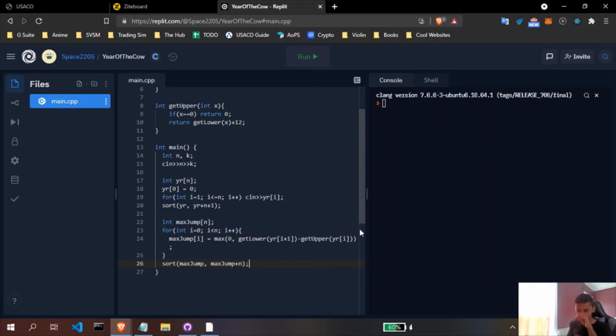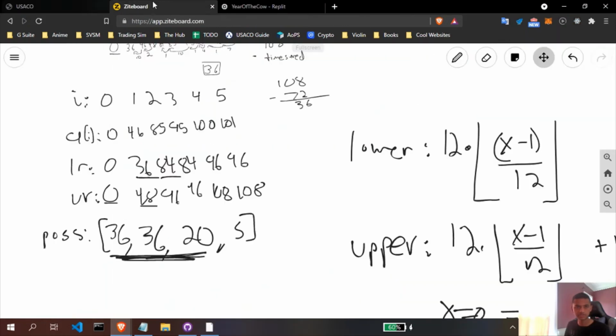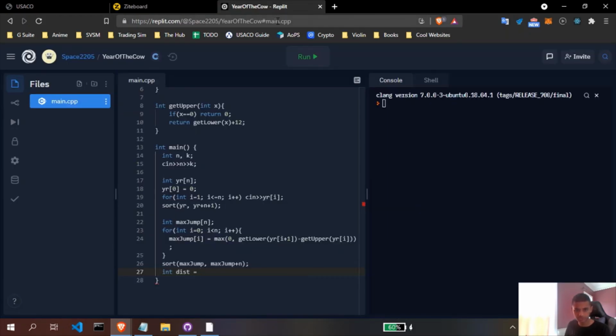And then what I can simply do is take the total distance, and the total distance I'm going to say int dist is equal to basically just the upper bound of the last number, right? Because we're going to do, for example, 108 minus 0, which is just the total distance. So I'm just going to get upper of year of n. And once I have that, I just basically have to subtract the maximum jumps.